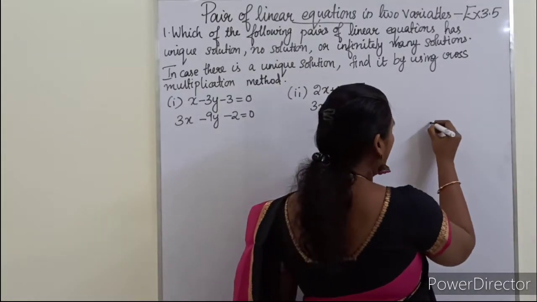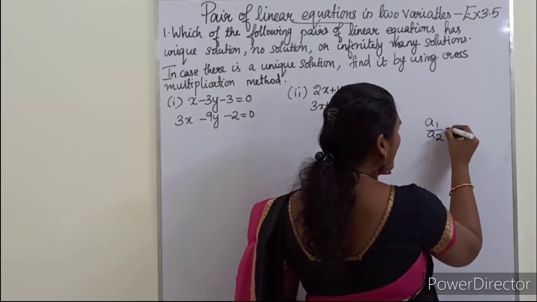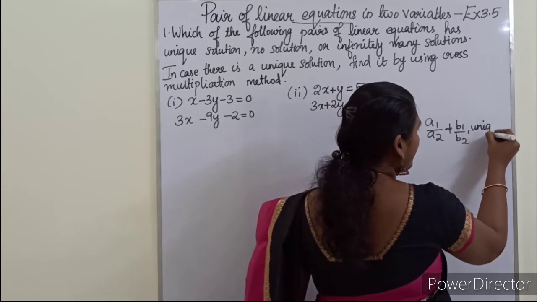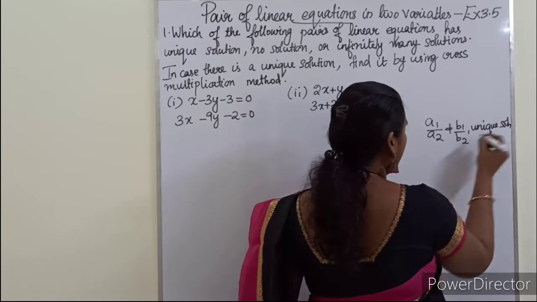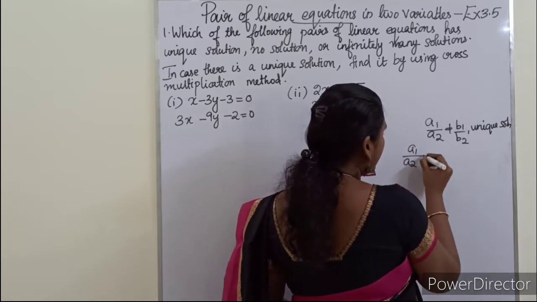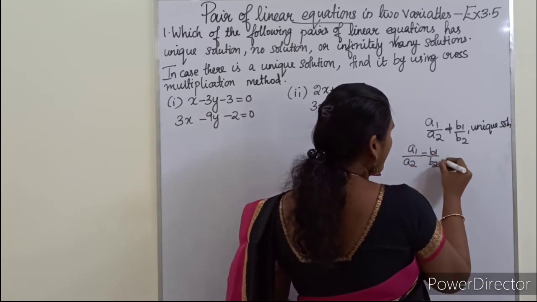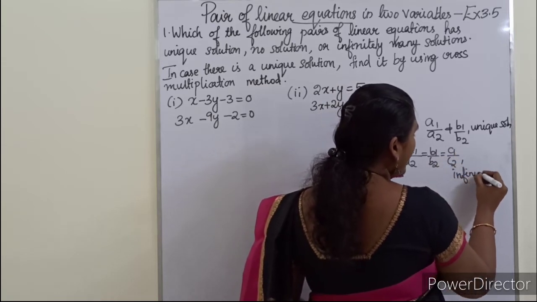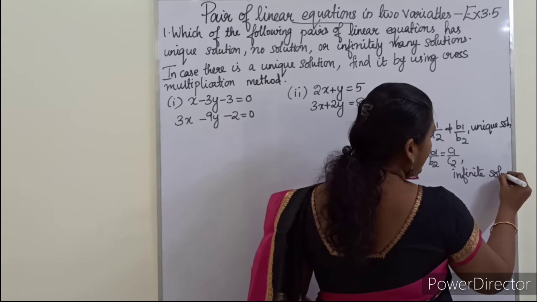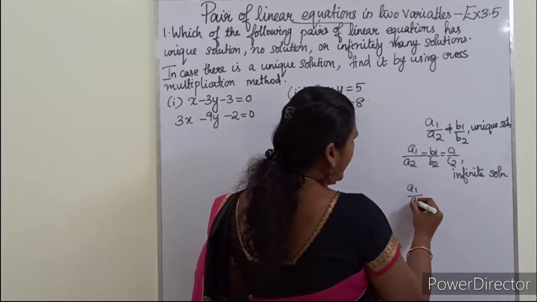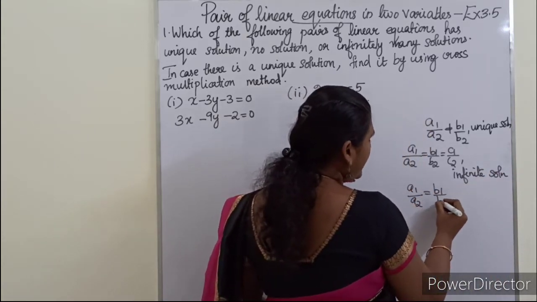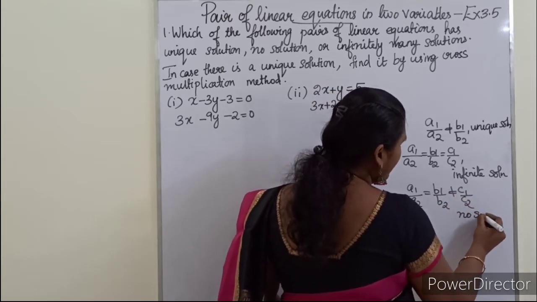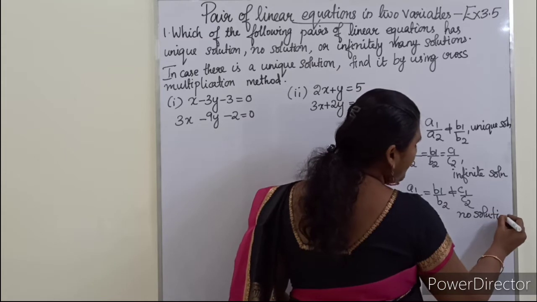We will have a recall. If a1 by a2 is not equal to b1 by b2, then the pair of linear equations will have a unique solution. If a1 by a2 is equal to b1 by b2 is equal to c1 by c2, then the pair of linear equations will have infinitely many solutions. And if a1 by a2 is equal to b1 by b2 not equal to c1 by c2, then the pair of linear equations will have no solution.